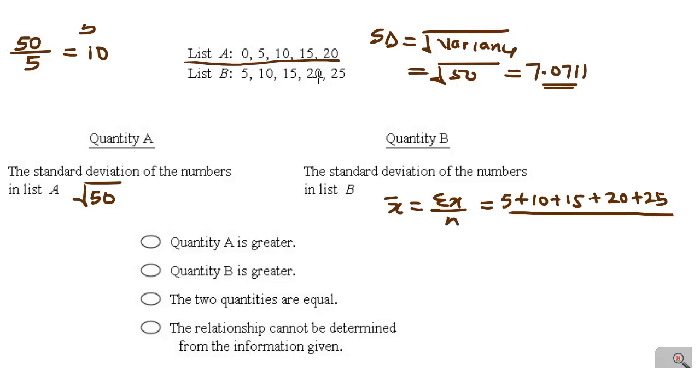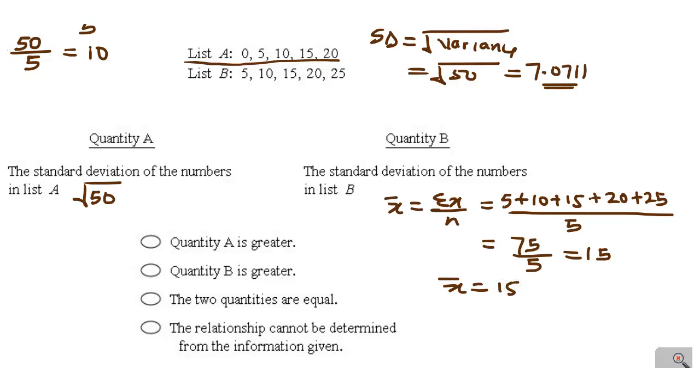That's 1 2 3 4 5, the number of observations, that is 5. 5 plus 10 is 15, 15 plus 15 is 30, 30 plus 20 is 50, and 50 plus 25 is 75, divided by 5, and that will give us 15. So the mean for that data is 15.